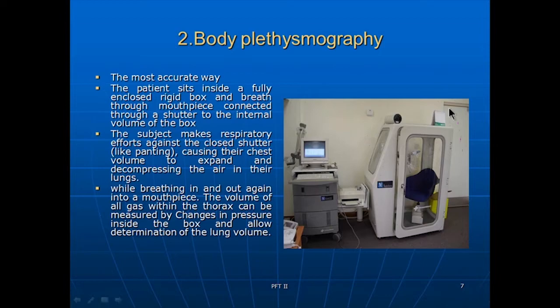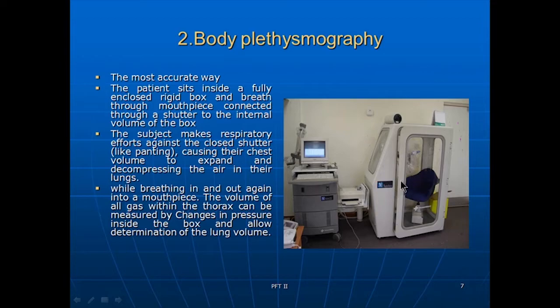So if there's greater pressure in their lungs and greater pressure in this box, then the volumes that they breathe in and out and the capacities that they breathe in and out should be less. So again, this is based on Boyle's law.